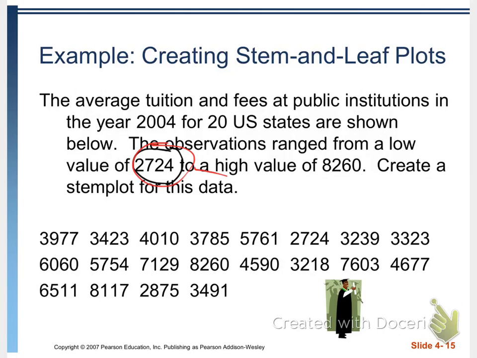Some people may round up to 3,000, but what I'm going to do is just drop it and call that a 2,000. So I'm going to call that a 27, and I don't care about the other 2 digits. I'm going to end up writing a 7 in there, and when I put my key on the other page, I'll mention the 24 in it, but the idea is that I'm going to separate it right there.